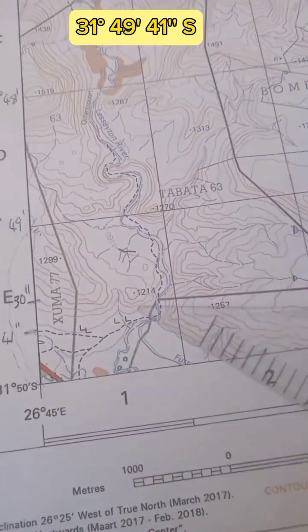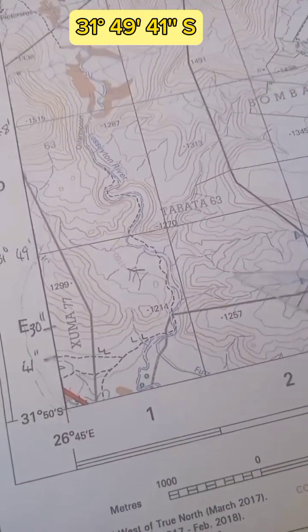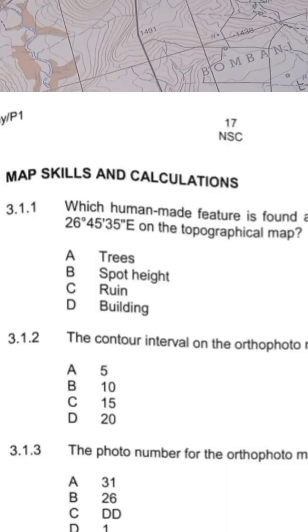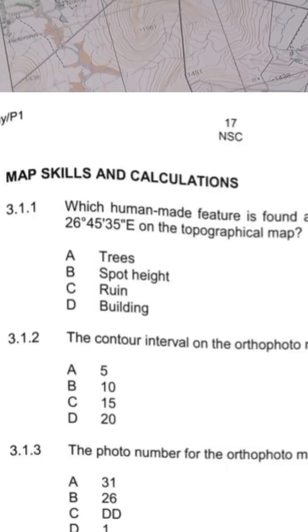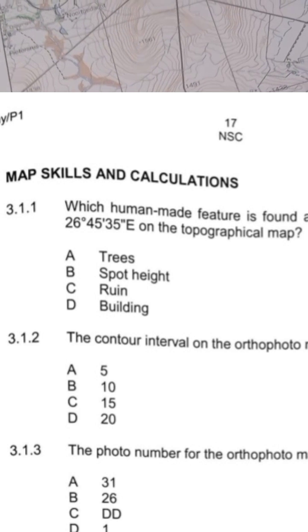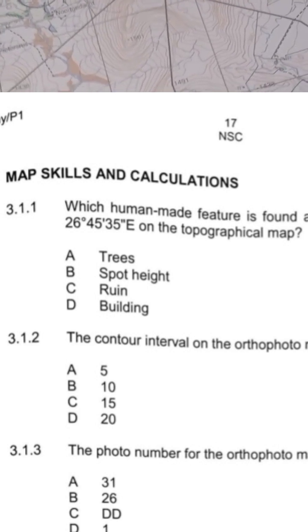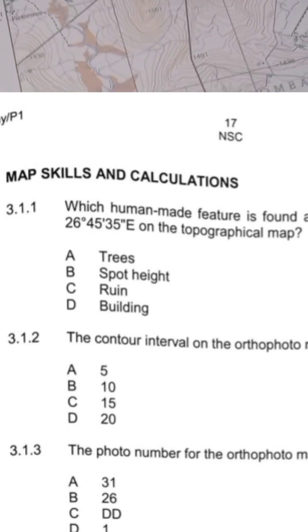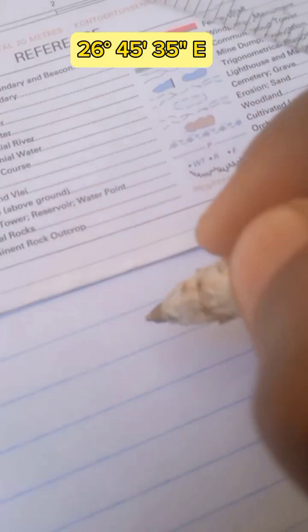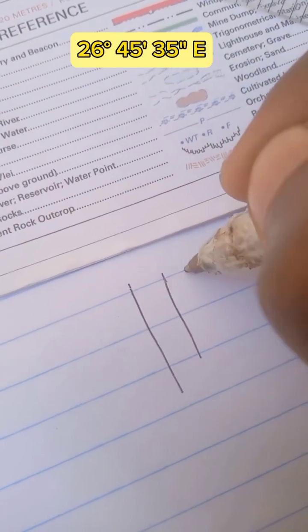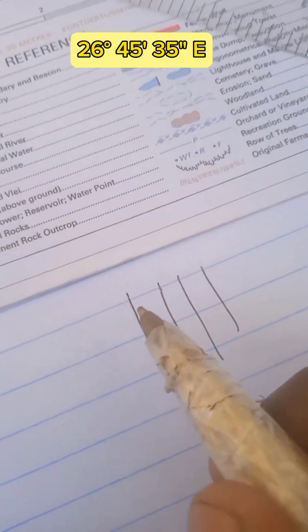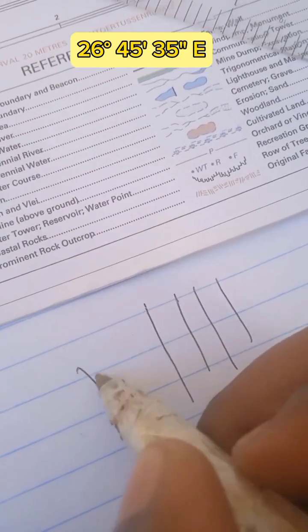Let's look for the longitudinal line. It's situated at 26 degrees, 45 minutes and 35 seconds. Now longitudes run vertically, but they go from the west to the east.